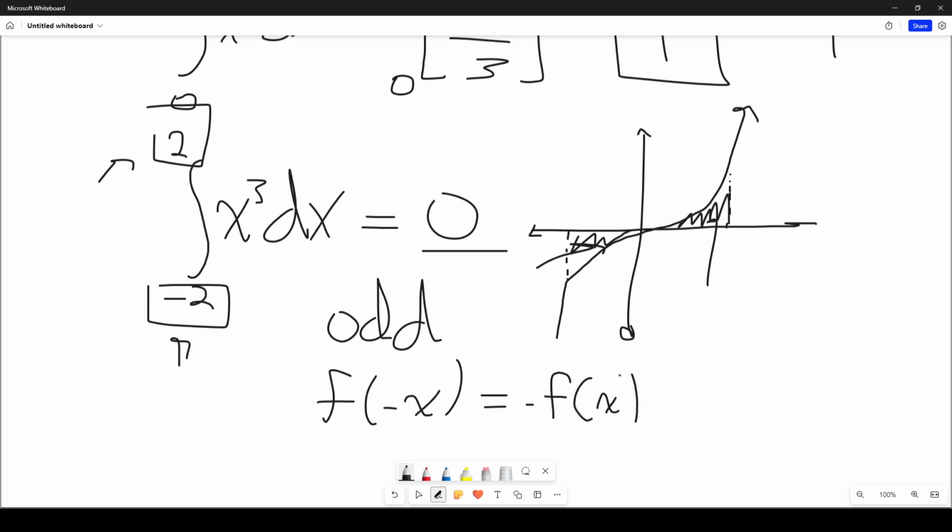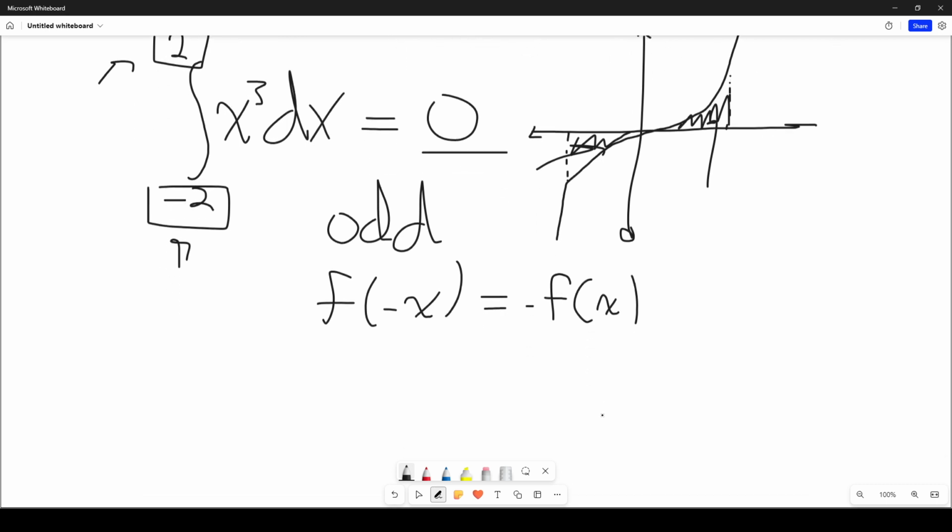If you try it out, f of negative 2 is equal to negative f of 2. That means negative 2 cubed, which is negative 8, is equal to f of 2, which is 8, times negative 1, which is negative 8. So x cubed is odd, and this is always going to happen with odd functions.